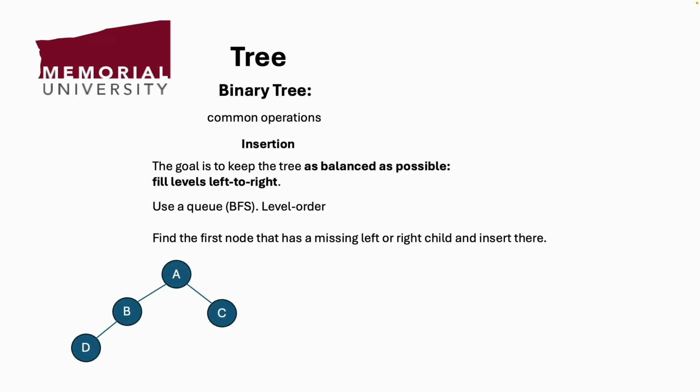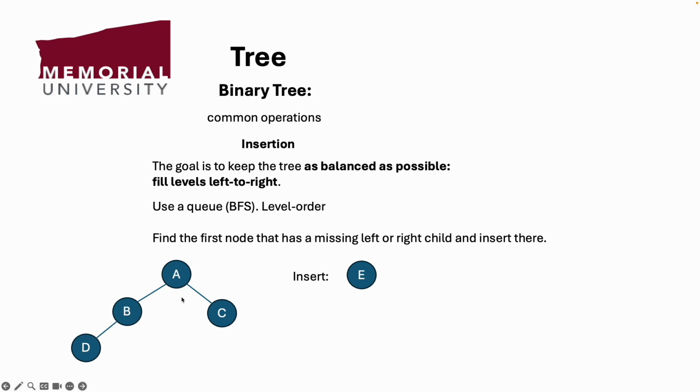Let's have an example here. Look at this tree. We want to insert the new node E. What do we do here? We find the first node that is missing the left or right child.